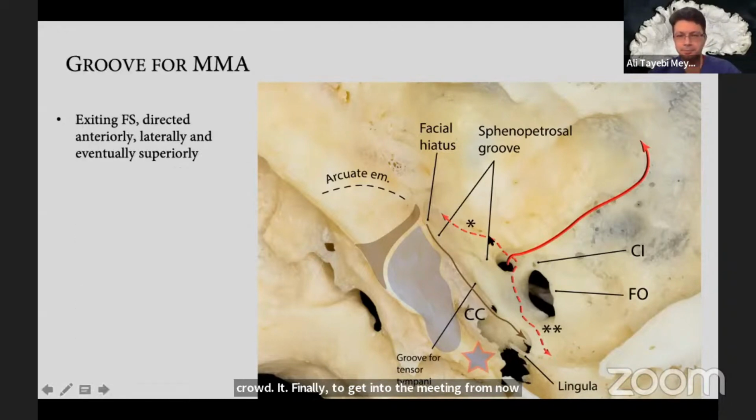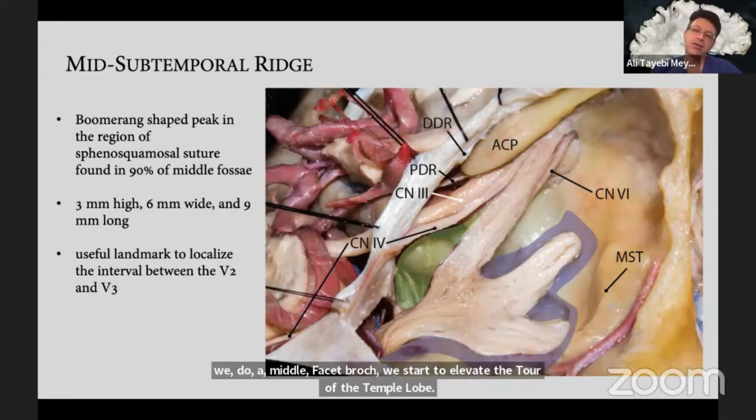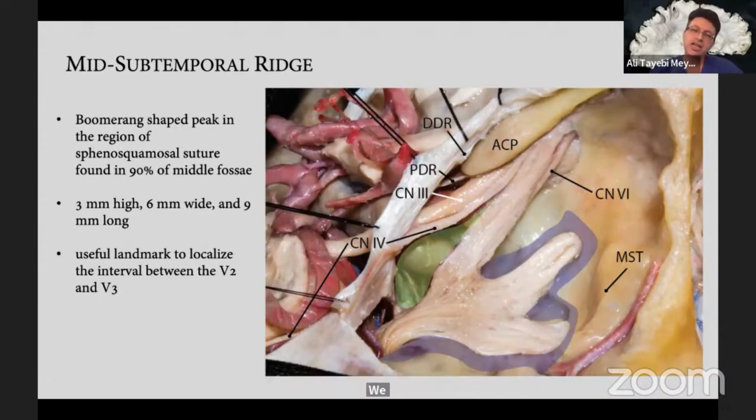Now, there is a groove for the MMA, which I talked about. Now let's look at another landmark, which is very important, and it might be misleading. When we do a middle fossa approach and we start to elevate the dura of the temporal lobe, we want to look for the arcuate eminence, and that's the importance of understanding all these lumps and bumps. This is defined as the mid-subtemporal ridge.